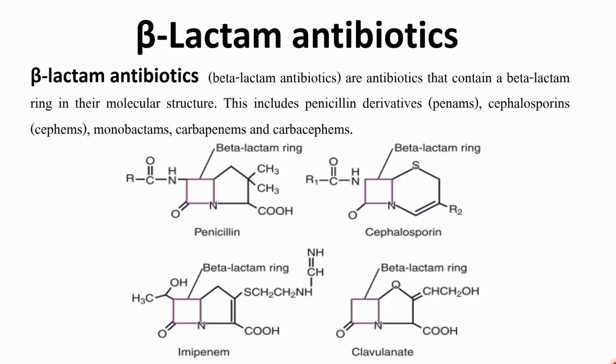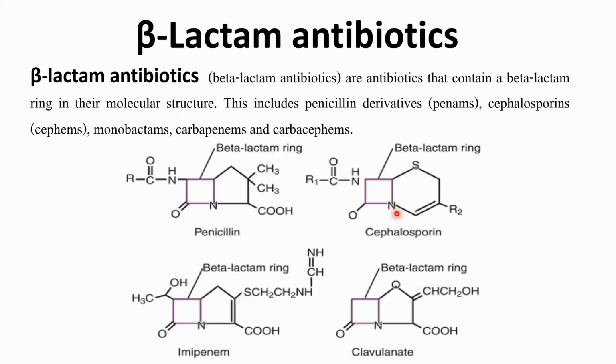So here in the beta-lactam antibiotics, these antibiotics like penicillin, cephalosporin, imipenem and clavulanate, as you can see their structure on screen, all these compounds have a beta-lactam ring in common. Penicillin, cephalosporin, imipenem, and clavulanate derivatives all have the beta-lactam ring, which is indicated by a square.